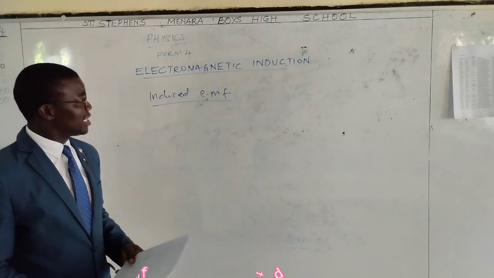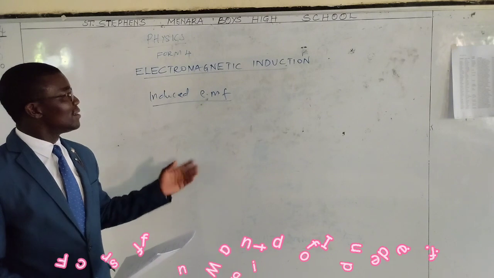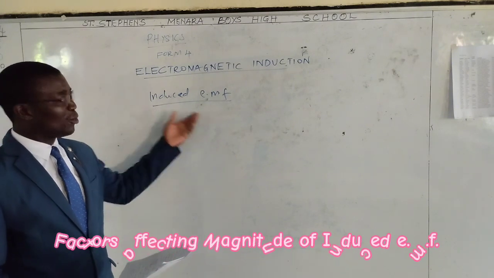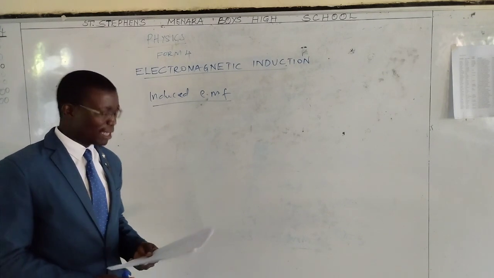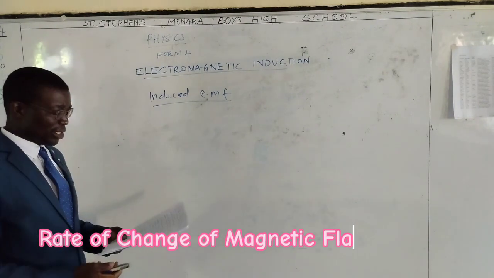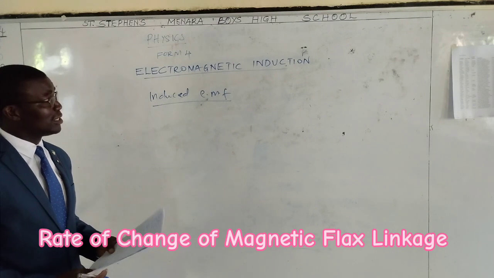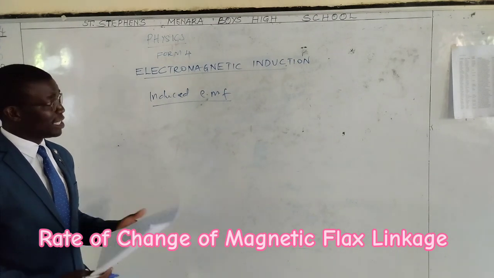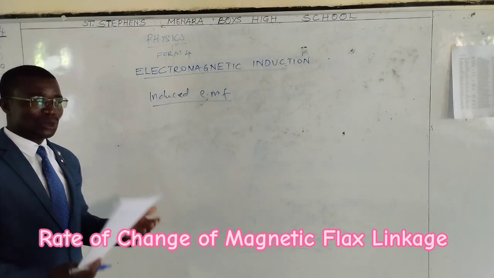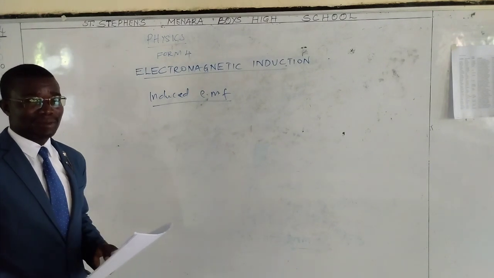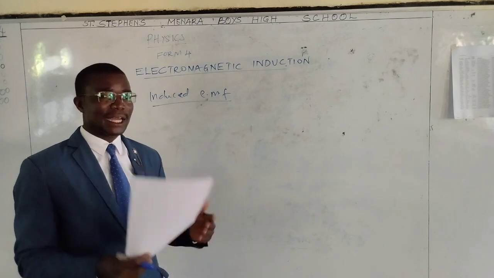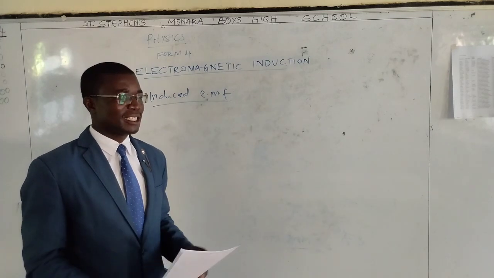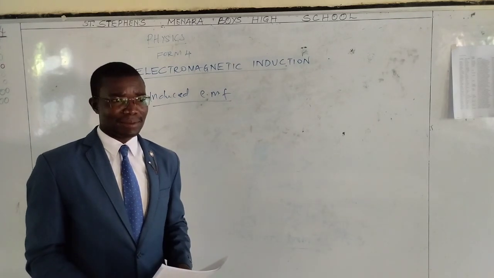There are factors that affect the magnitude of induced EMF. Number one, rate of change of magnetic flux linkage. We said that for there to be induced EMF, there must be a magnetic field or flux linking the conductor.